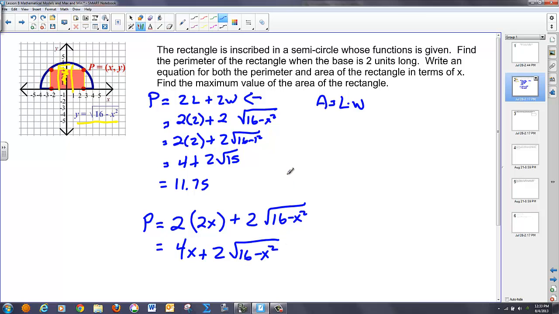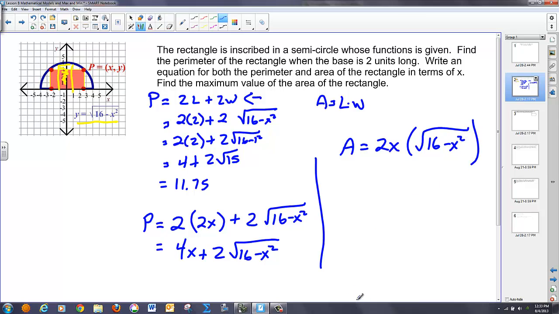That's an equation for the perimeter in terms of just x. Now, the area is the length, and we just described the length as 2x, times the width. And we described that as being my height, which is root 16 minus x squared. So there's an equation for both the perimeter and the area in terms of only x.